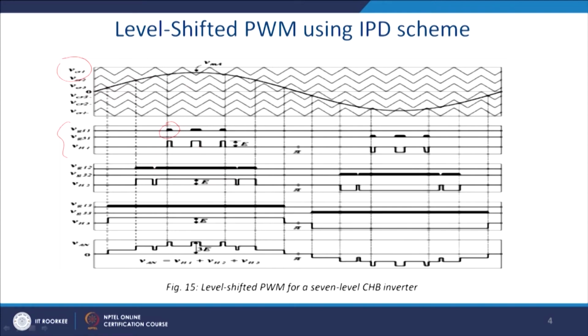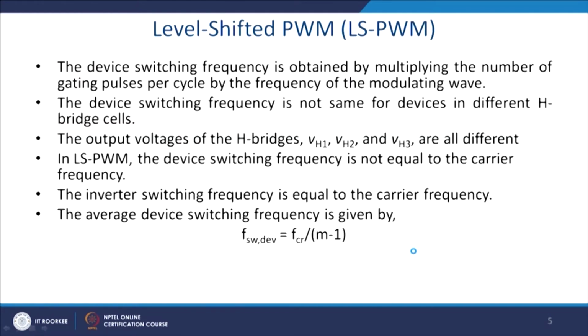So, you get the logic for this positive half cycle, and ultimately you will get this kind of 7 level output in the case of the cascade H bridge inverter. You can see that this is 3 levels and the rest is also 3 levels. So, this is a way to work with the level shifted PWM.